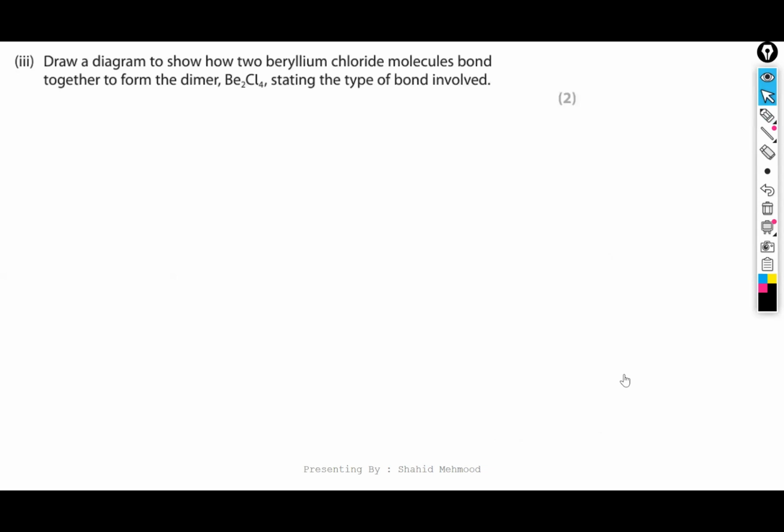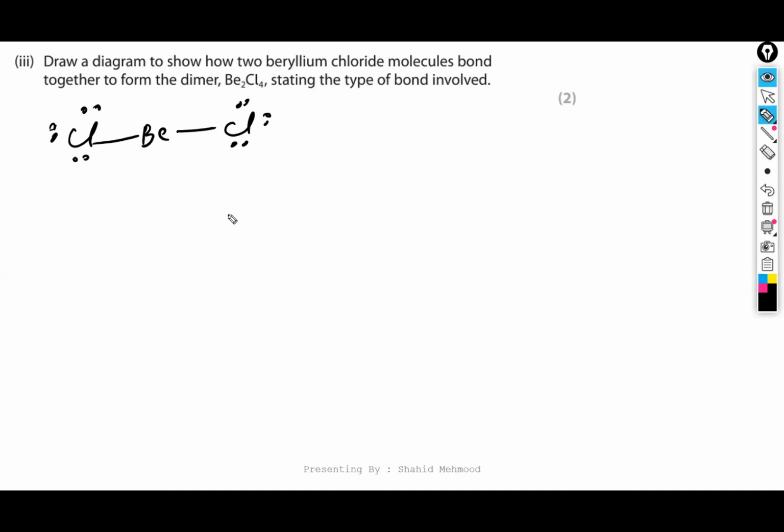Here, draw a diagram to show how two beryllium chloride molecules bond together to form the dimer Be2Cl4, stating the type of bond involved. We saw before that the beryllium chloride shape is linear while chlorine has 3 lone pairs. Their octet is complete while beryllium is electron deficient.